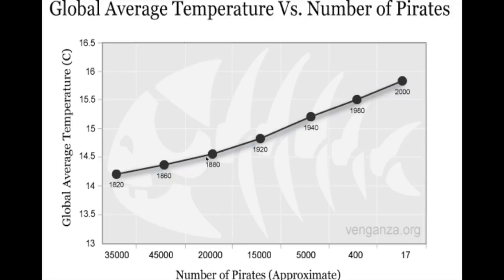As global temperatures are going up over time, the number of pirates goes down. So we have a negative correlation. The one goes up, the other goes down. But we are not going to conclude that the pirates were killed off by the higher temperatures. That's silly, and the reason it's silly is that correlation does not entail causation. Okay, I think you get the point.